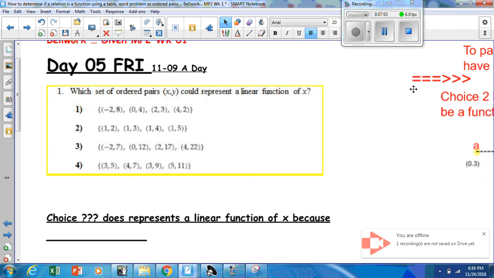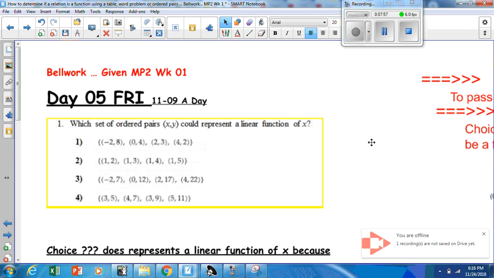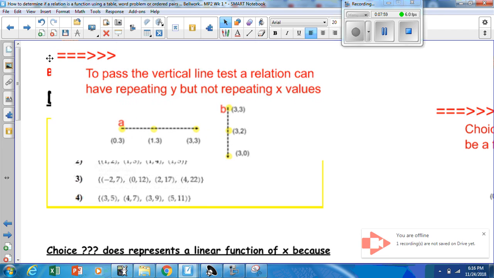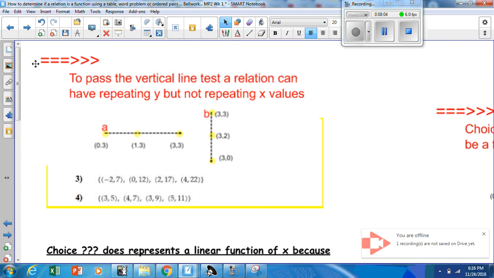First thing I'm going to recommend, as always, is to ask ourselves: we have to pass the vertical line test in order for something to be a function. In other words, can we have repeating x's or repeating y's? According to this, no repeating x's. Yes to repeating y's.